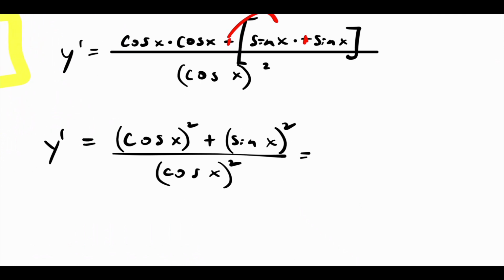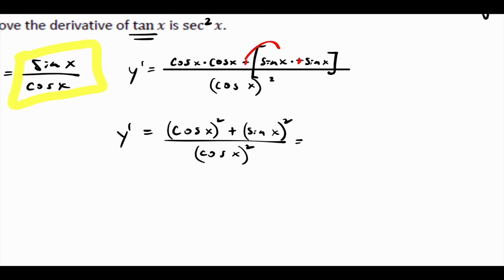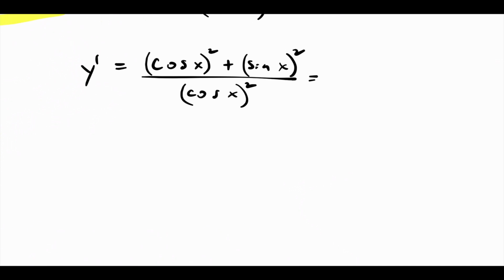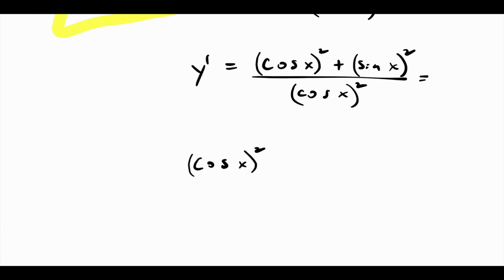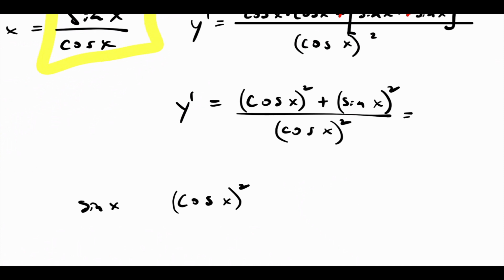There's only one identity that sometimes comes up. One trig identity, and it's the most popular one. It actually says sine squared plus cosine squared equals 1, right?